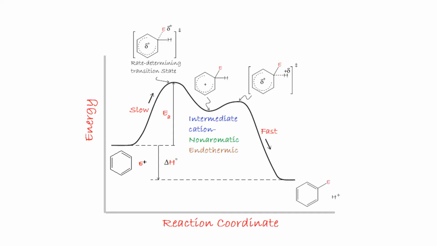The reaction works in two steps. The first step is approaching E to form the first transition state, which is the rate determining step.